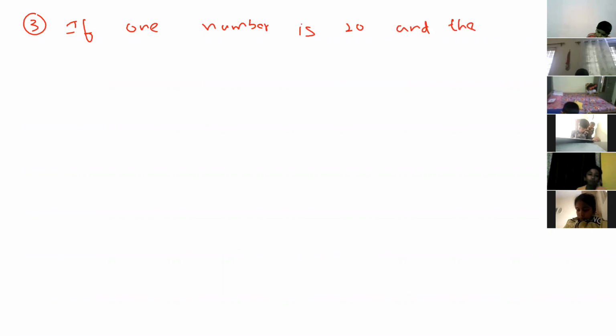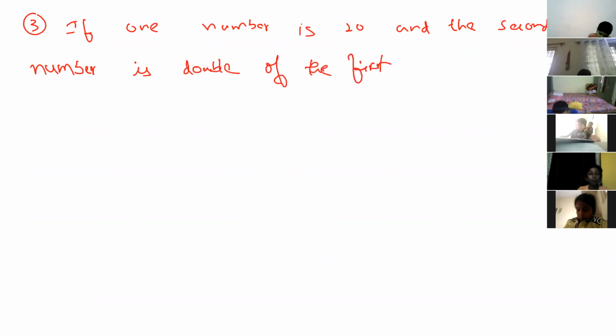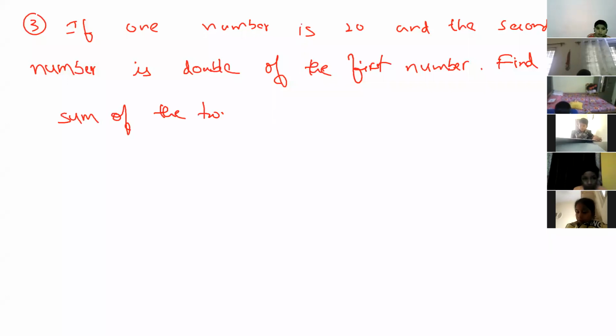Mute yourself. If one number is 20 and the second number is double of the first number, find the sum of the two numbers.